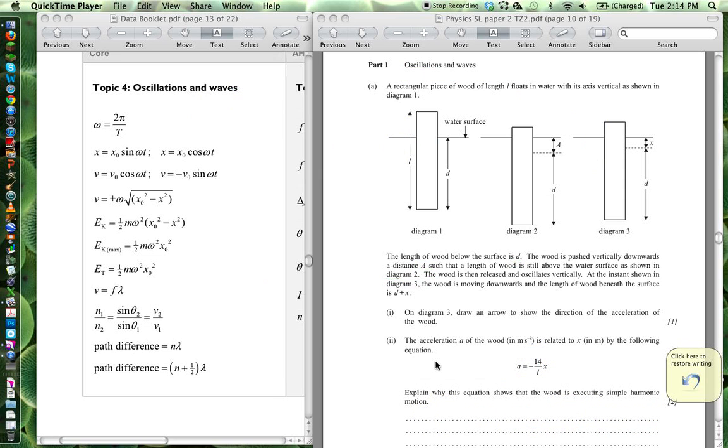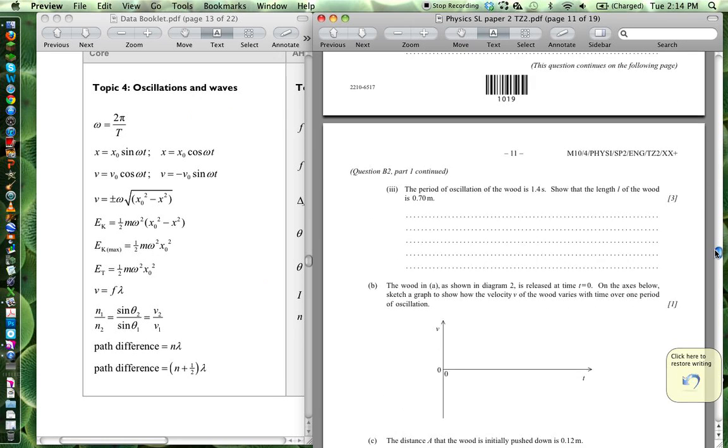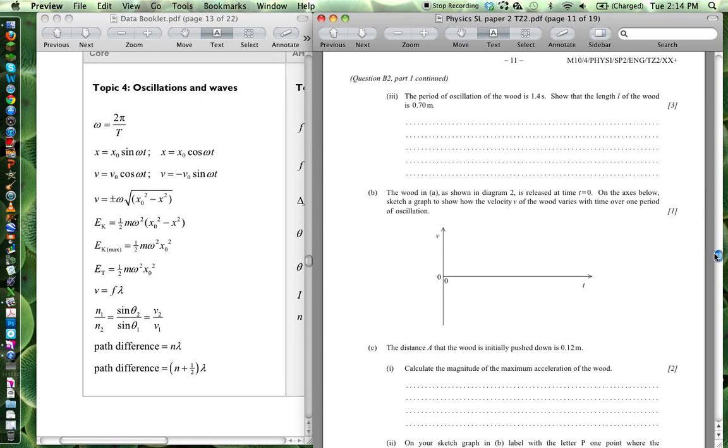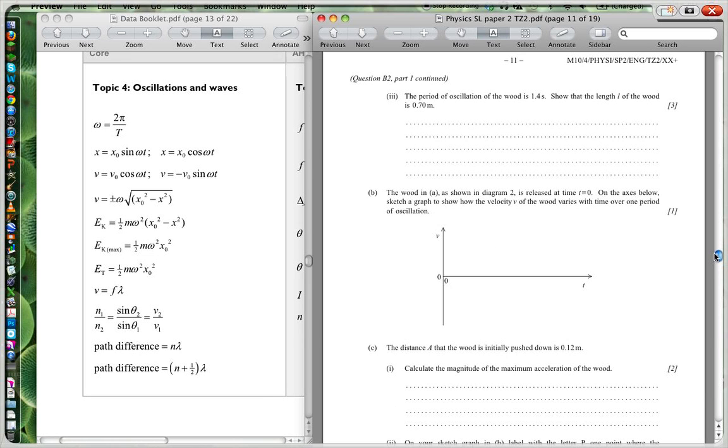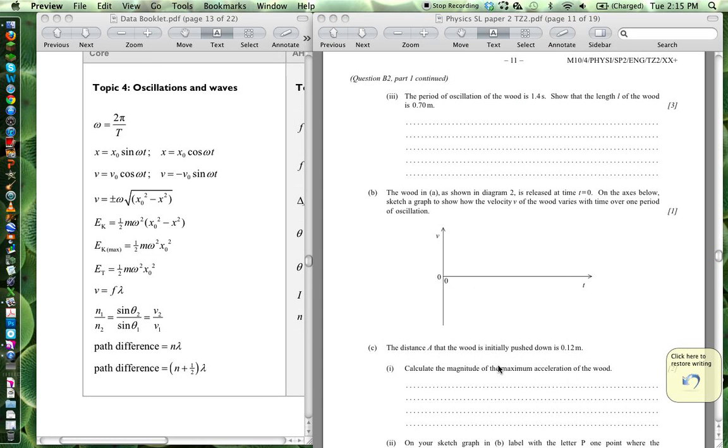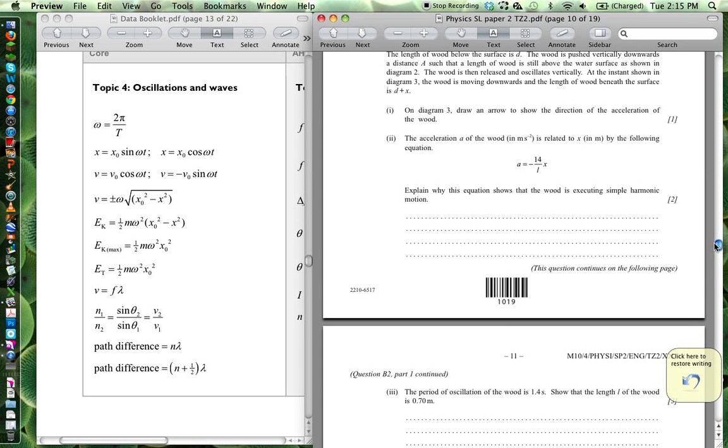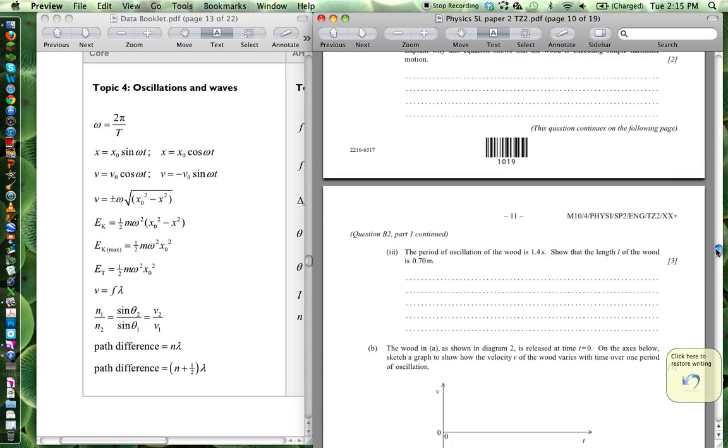Okay, good. Let's go on to the next part of the question. It says the period of oscillation of the wood is 1.4 seconds. Show that the length L of the wood is 0.7 meters. Now we had our formula that was given over here: a is equal to minus 14 over L times x.